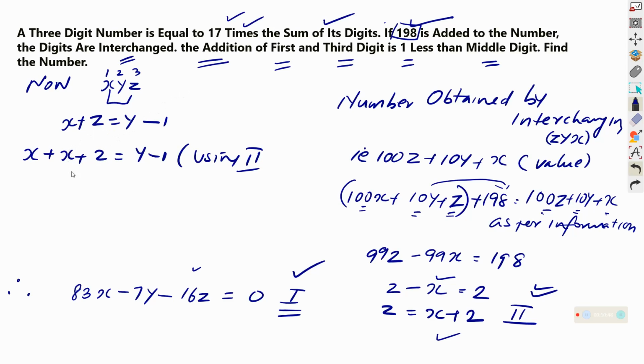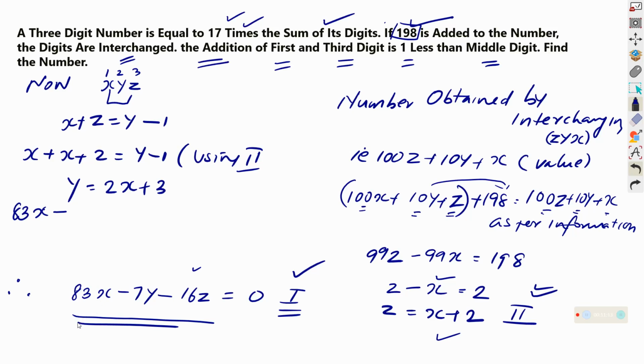So we got x plus z is equal to y minus 1. Then y can be written as 2x plus 3, correct? So we are getting a third equation here: y is equal to 2x plus 3.